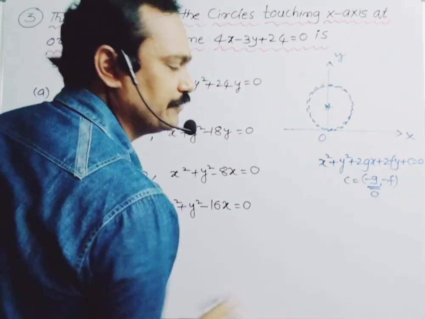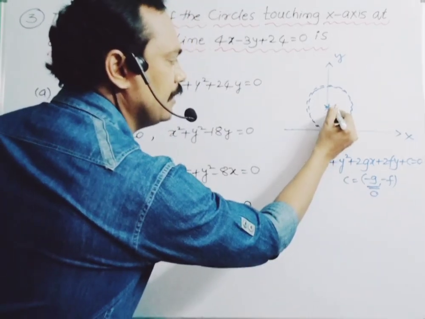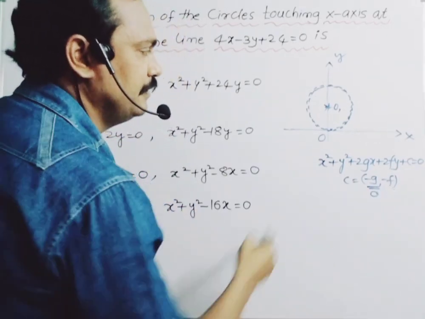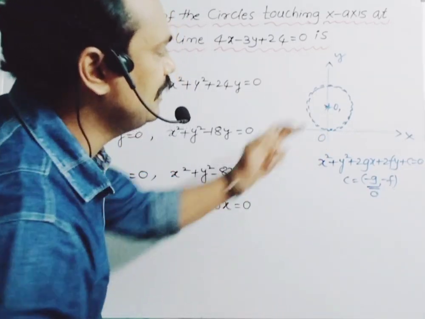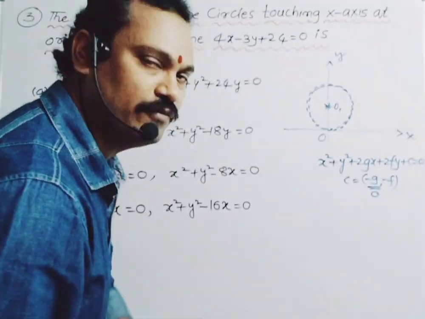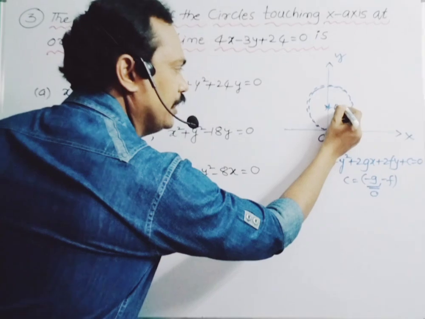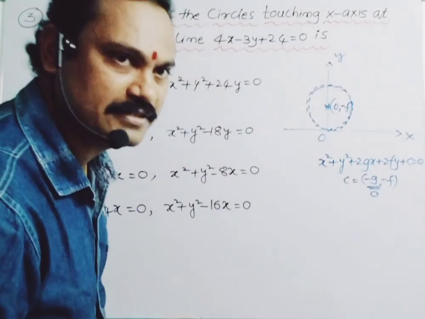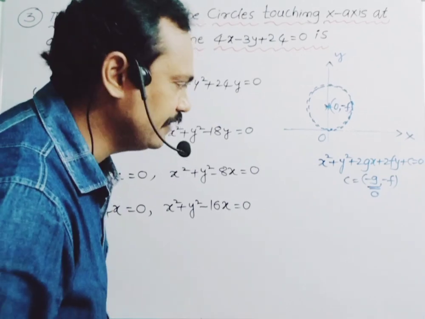What remains? (0, -f). It may lie on the positive y-axis or the negative y-axis, but for our convenience I am taking this. So (0, -f) is the center of the required circle.